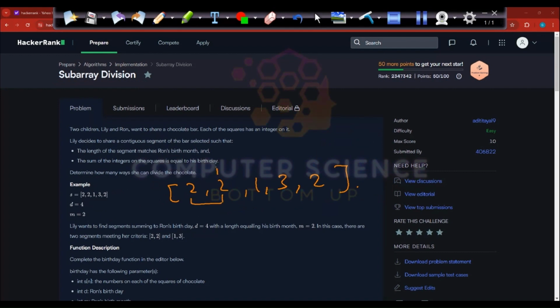When you look at these 2 adjacent, because we have to look into contiguous squares and M is equal to 2, so we have to look into contiguous 2 squares only. So 2 and 1 do not satisfy. 1 and 3, they satisfy or not? So 1 and 3 they satisfy. 3 and 2 they do not satisfy. So you have 2 answers here, this one and this one.